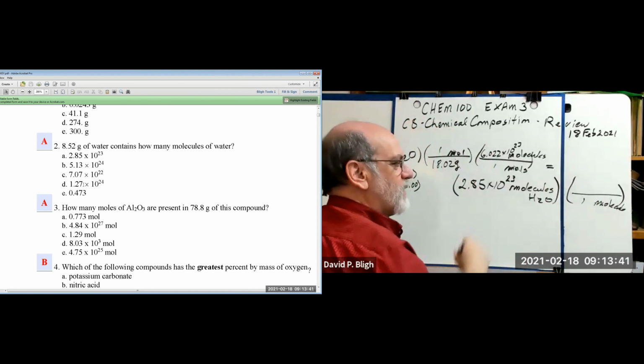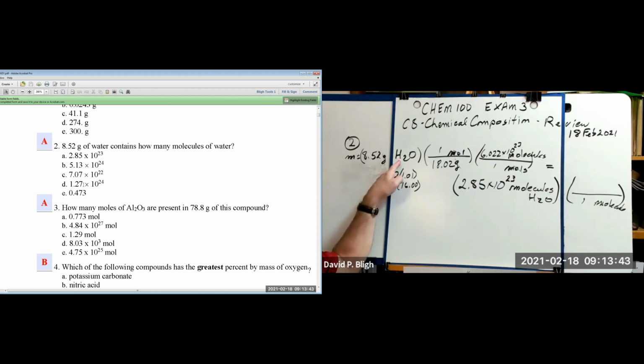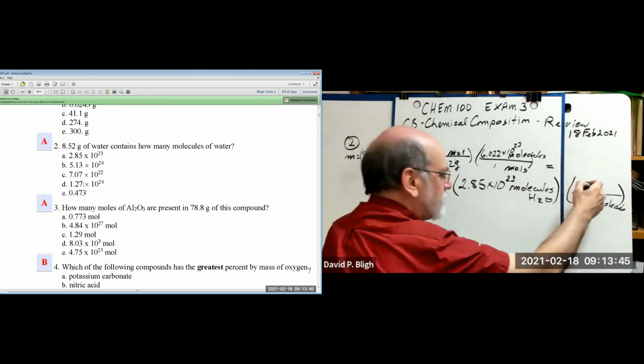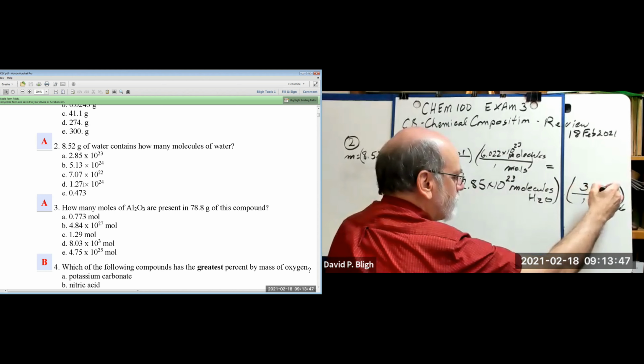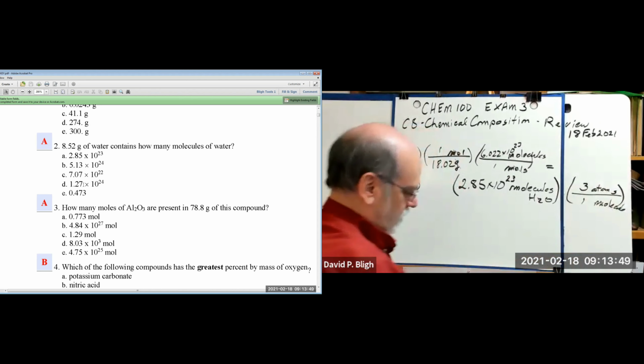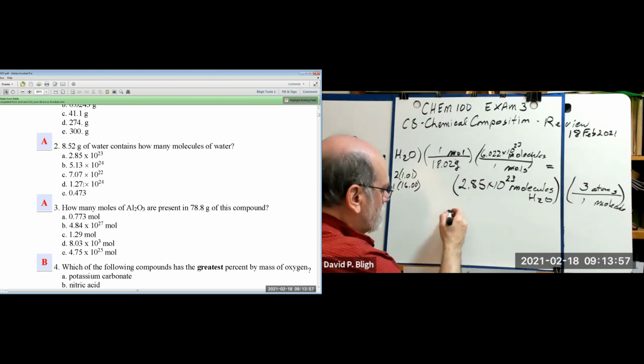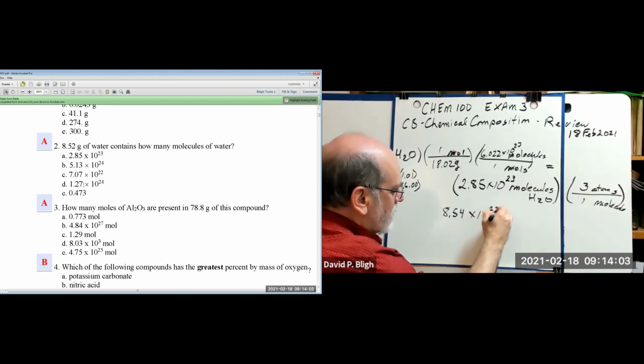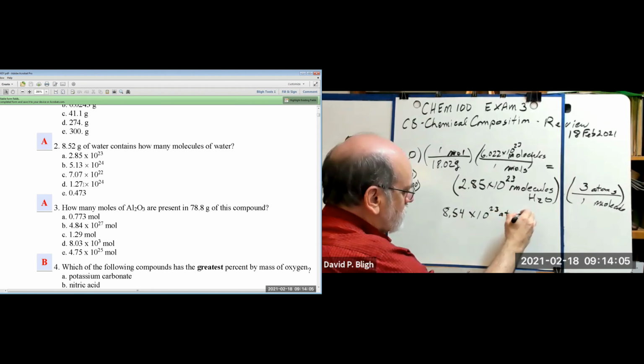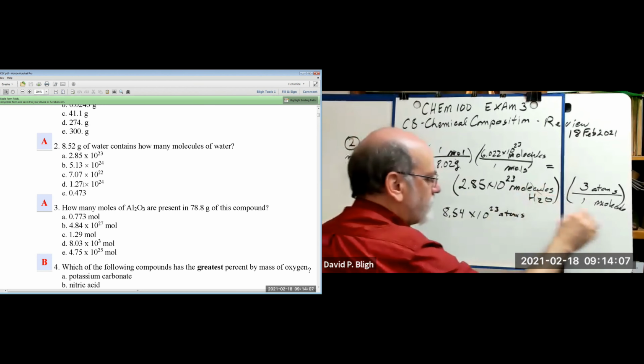How many atoms per molecule? 1, 2, 3. So just 3 times that number would give you 8.54 times 10 to the 23rd atoms. Okay?